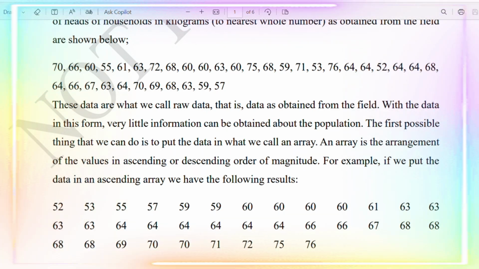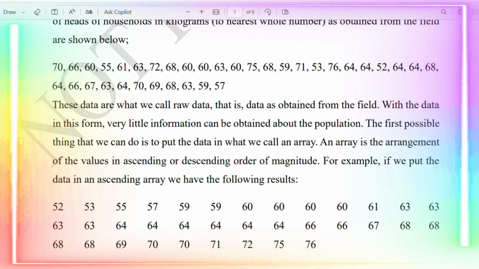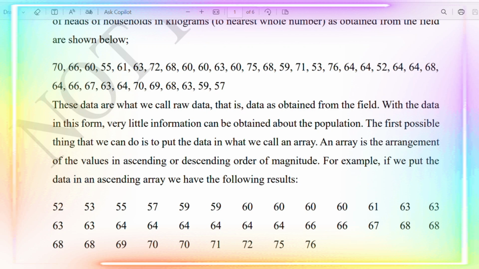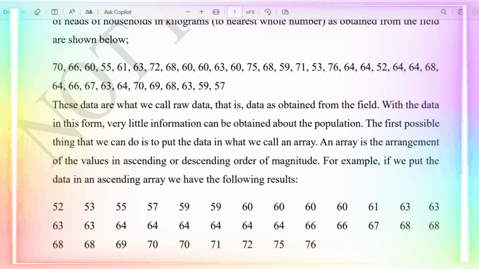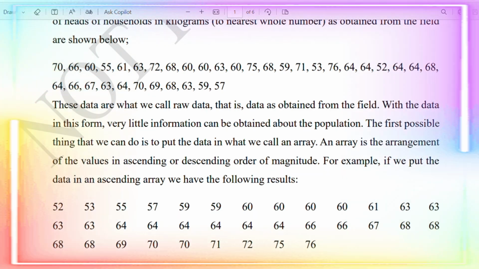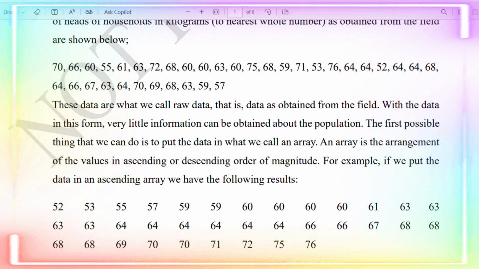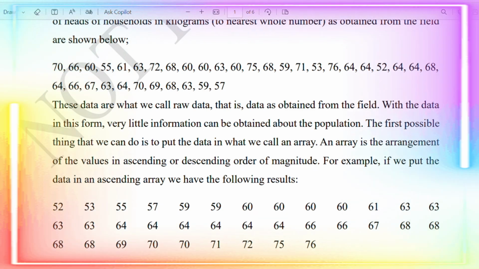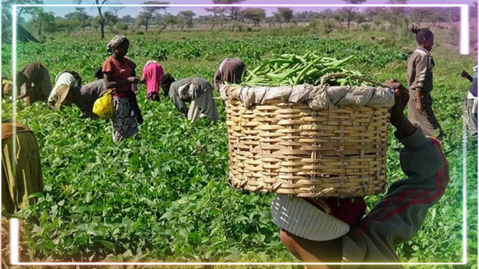So now the first possible thing that we can do is to put this data in what we call an array. An array is the arrangement of the values in ascending or descending order of magnitude. For example, if we put the data in ascending array, we have the following results as we have it here.